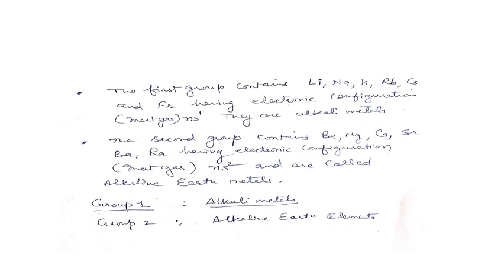The group 2 elements are called alkaline earth metals because their oxides are alkaline, basic in nature. That's why the names alkali and alkaline. Earth metals means they are found in the earth crust. So group 1 is alkali metals, group 2 is alkaline earth metals.